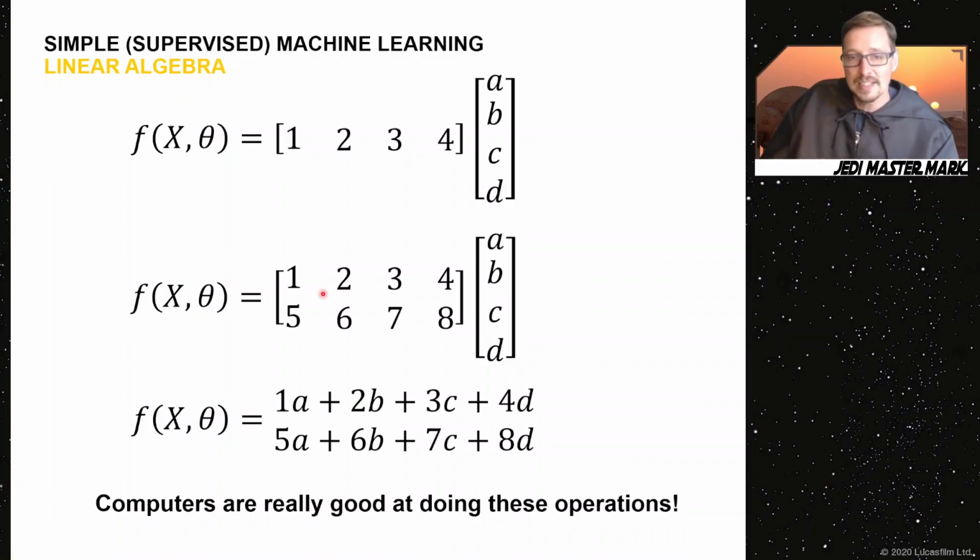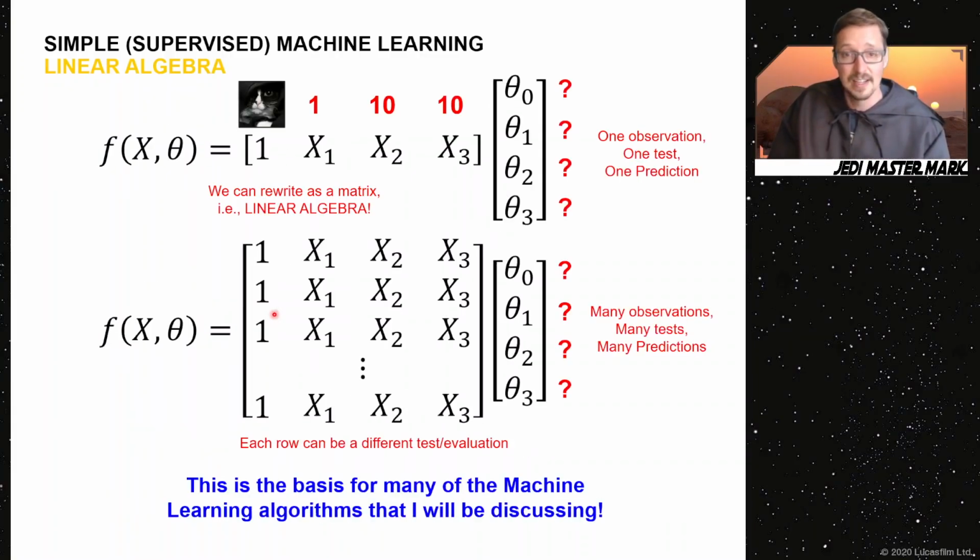Now what's really nice is if we add another row to this matrix, we're going to get another value, which is 5 times A, 6 times B, 7 times C, 8 times D. So now we're going to be returned with 2 output responses, 1 for each of the rows in this first matrix. And computers are really good at doing these operations. They're very fast.